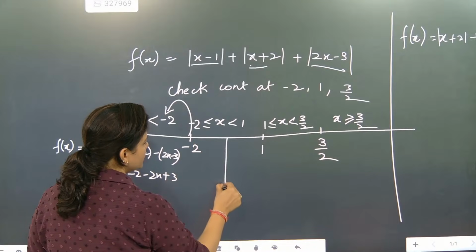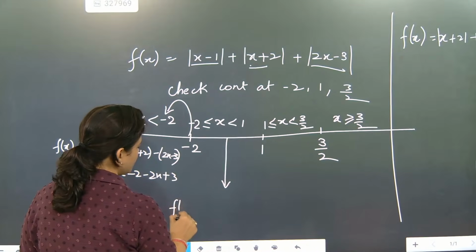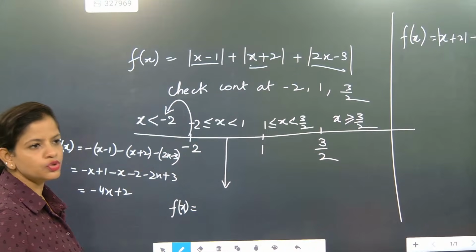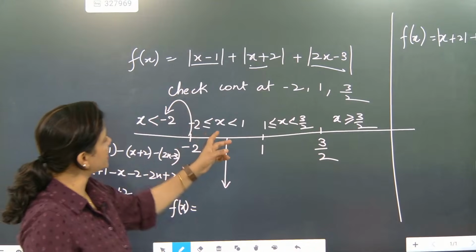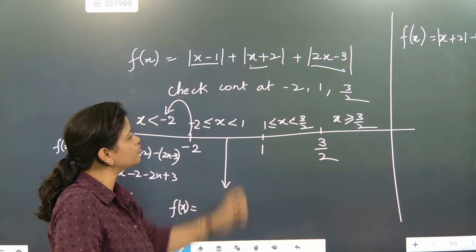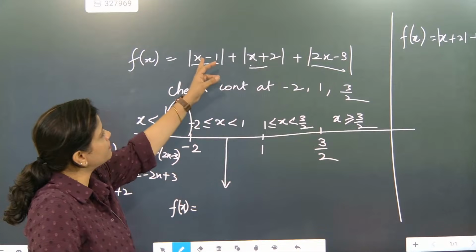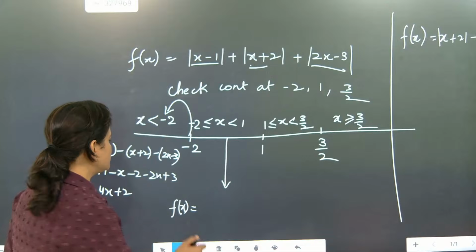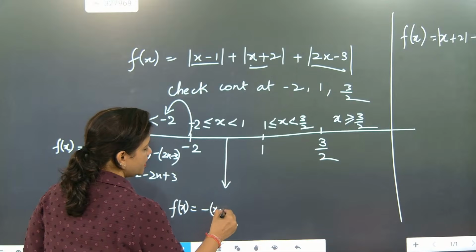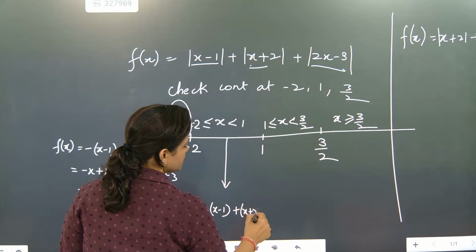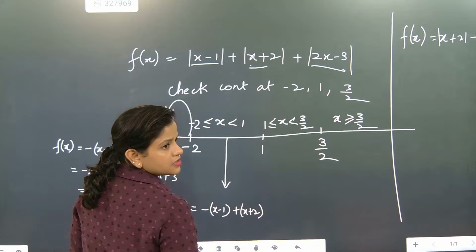So the moment I put 0 here, this section opens with a negative sign. So now for this one, I am writing f of x for minus 2 to 1. The moment you put any value between minus 2 to 1, 0 comes between them. 0 putting means this part comes negative, so this will open with negative x minus 1. 0 putting means this opens with positive, and this will open with negative.